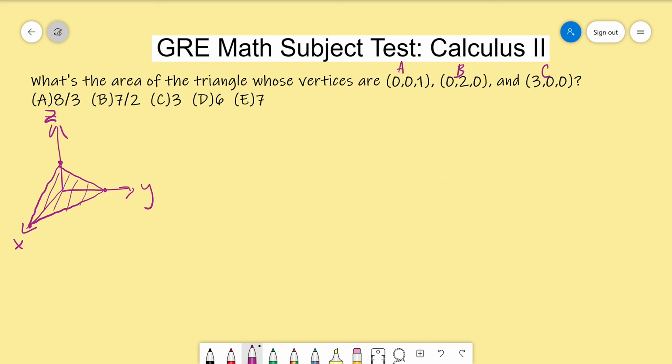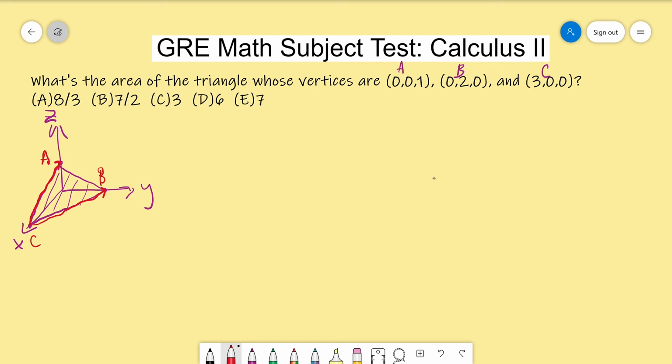So what you have to remember in order to solve this problem is that if you take two vectors, for example, let's say I take the vector going from, let's just mark these, A, B is going to be here, and this is C. So for example, if I take this vector, C to A, and I take this other vector, C to B, and I take their cross product, then I will get the area of the parallelogram that these two vectors span.